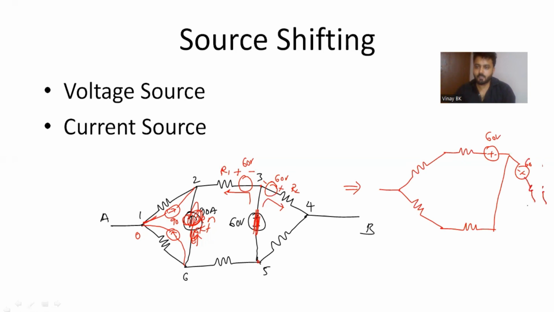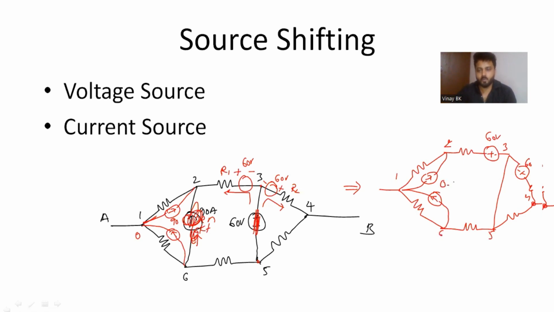There will be a resistor again, here also one resistor like this, and the current source you are shifting from 6 to 1 and 1 to 2 like this. You can write 1, 2, 3, 4, 5, 6 if you want.